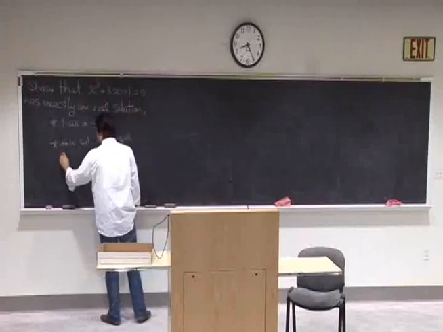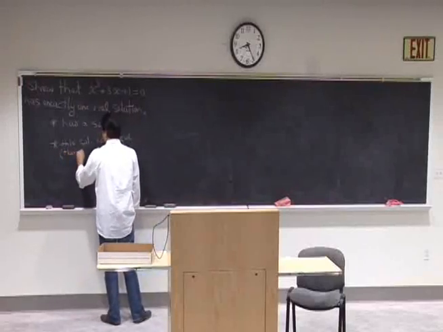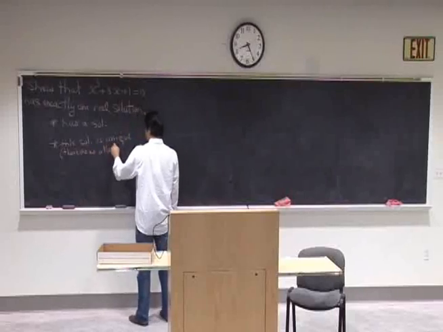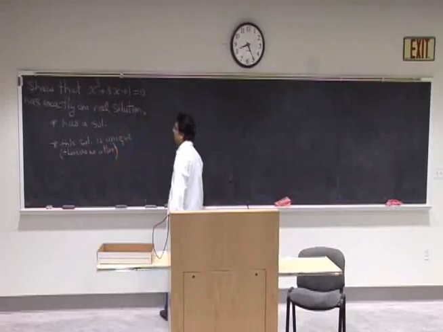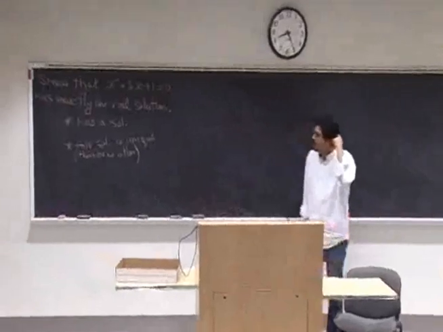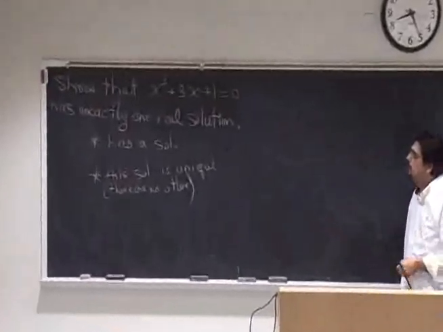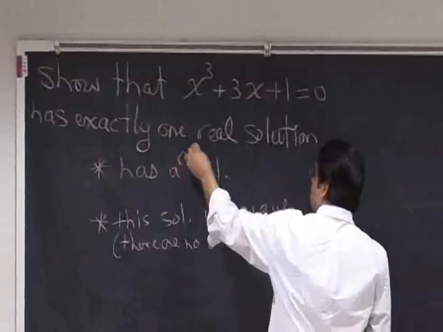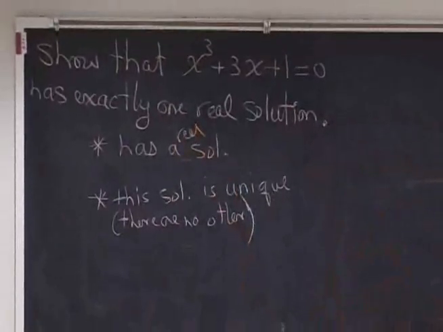Okay, that there are no others. There are no other solutions. Okay, that's exactly what it says. Exactly one real solution, that it has the real solution, and that's the only one.